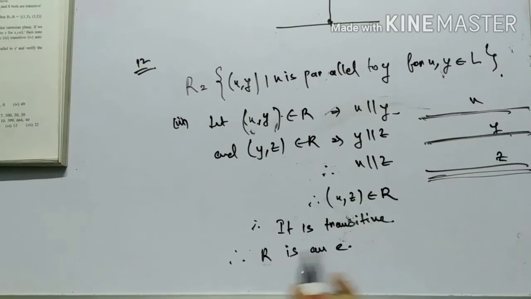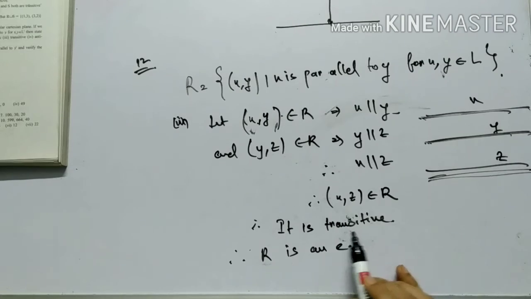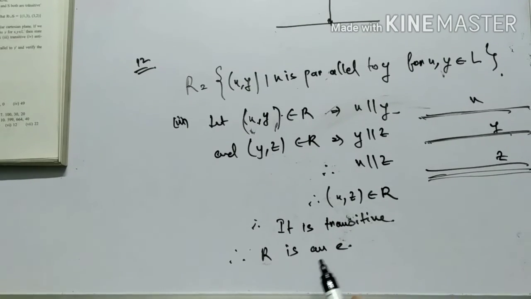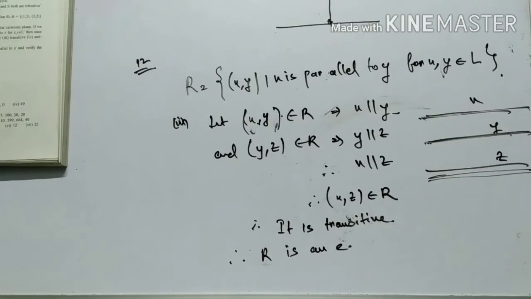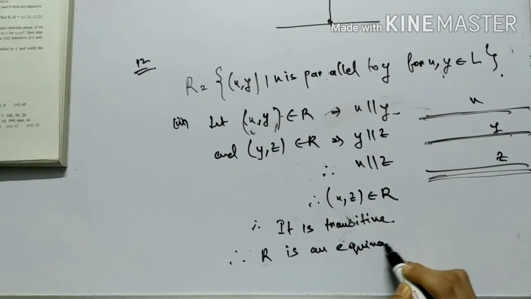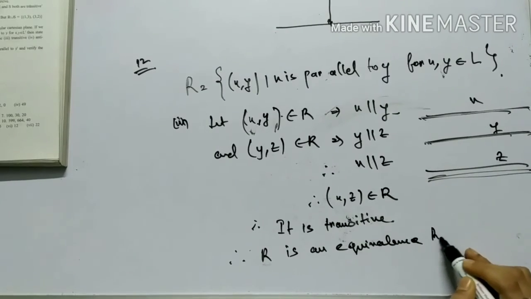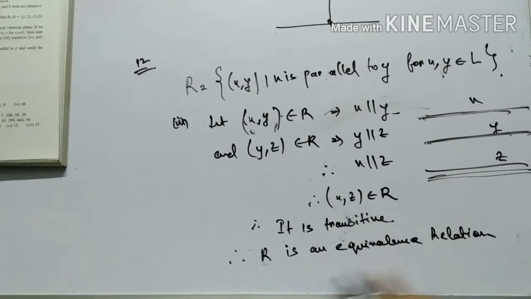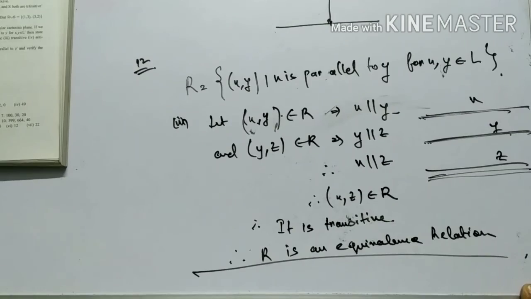Therefore R is transitive. So R is transitive, so therefore you can say that R is an equivalence relation.